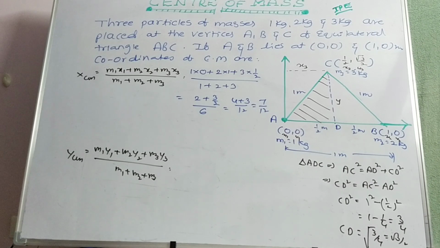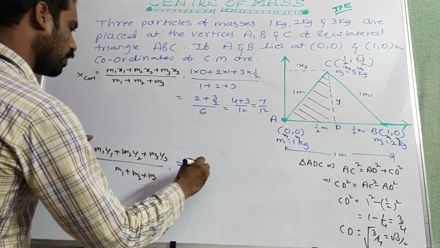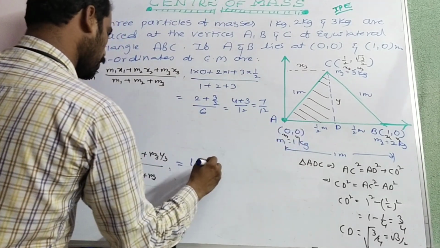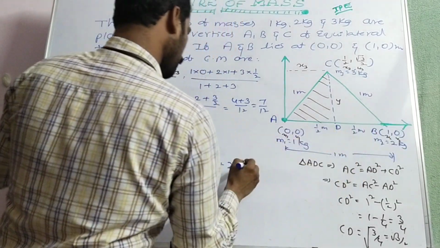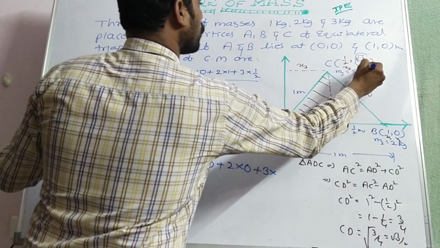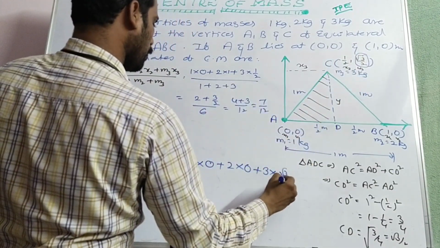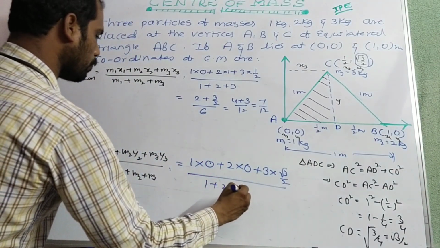Next, what about YCM? That is equal to M1, 1 into y1 which is 0, plus M2, 2 into coordinate 0, plus M3, 3 into root 3 by 2, by M1 plus M2 plus M3, that is 1 plus 2 plus 3.